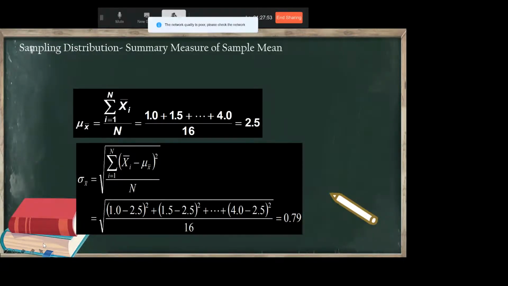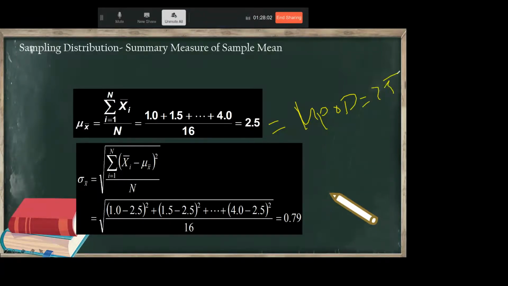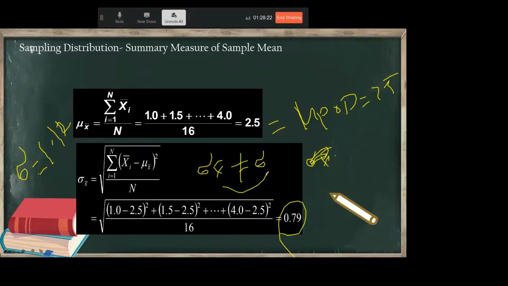If you recall, the population standard deviation was 1.12. Here it's 0.79. So this means that sigma x bar is not equal to sigma.